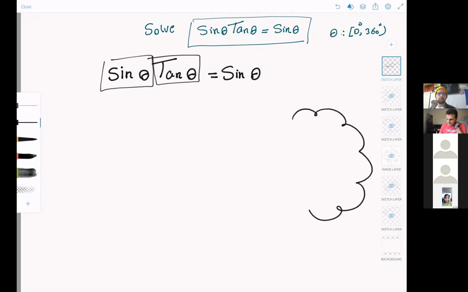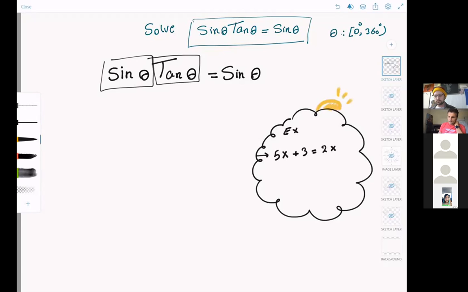A little note: for example, if we have 5x plus 3 equals 2x, how do we solve this one? What was the first step? Minus 5x. Very good.